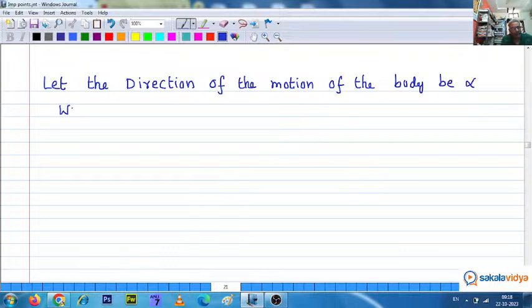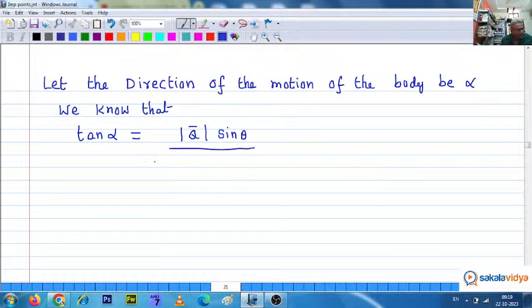So we know that, yesterday we had a clear discussion. So tan alpha is equal to mod q bar sin theta divided by mod p bar plus mod q bar cos theta.